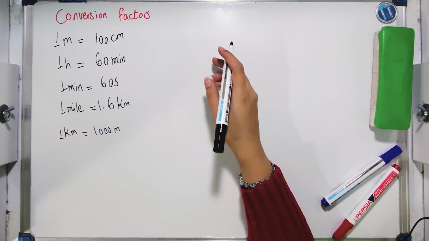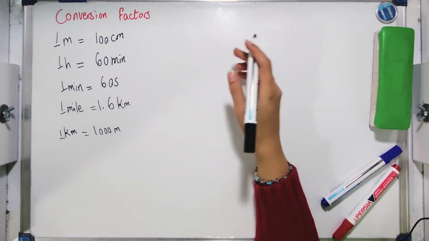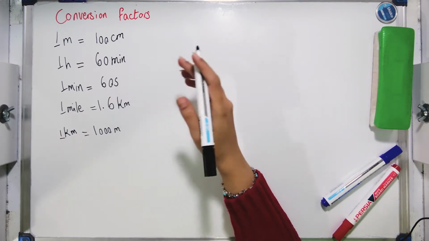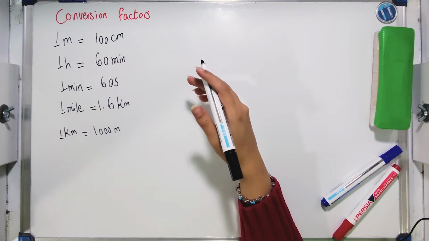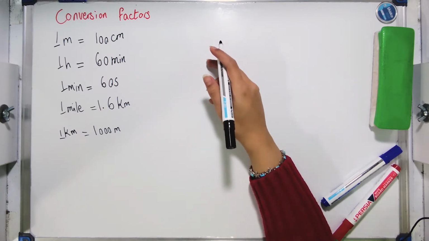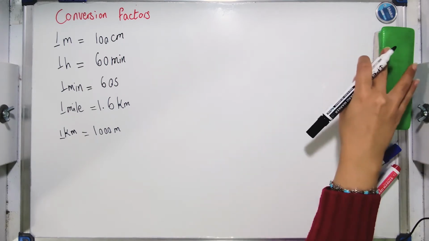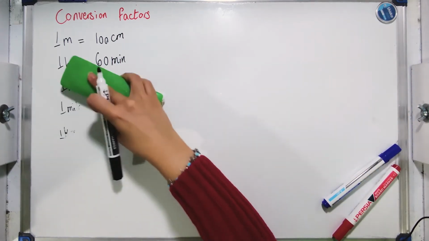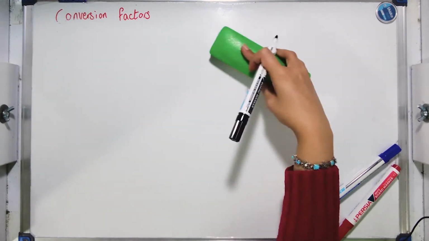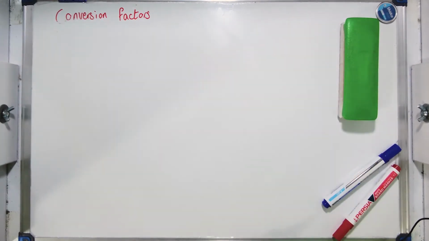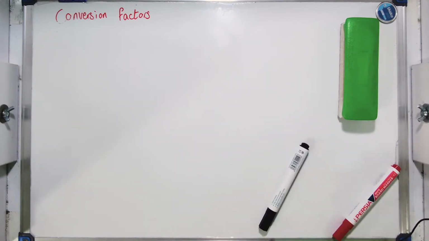There is a very long list that has all the conversion factors, but it's up to you to memorize which conversion factors. For example, meters, centimeters, hours, or some volume units are important. So let's start by converting length units.